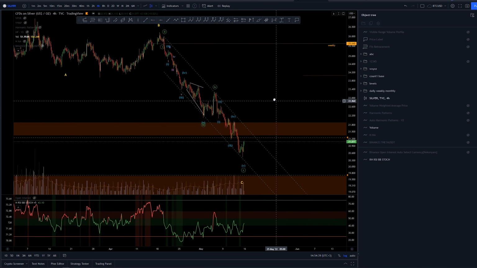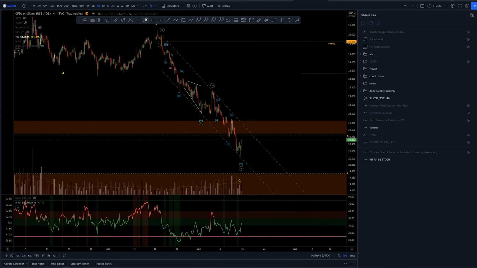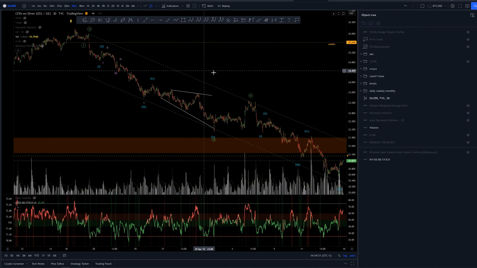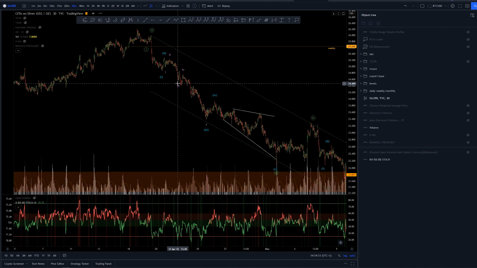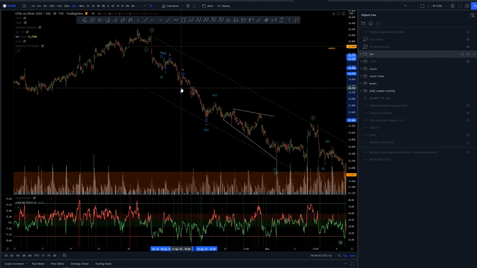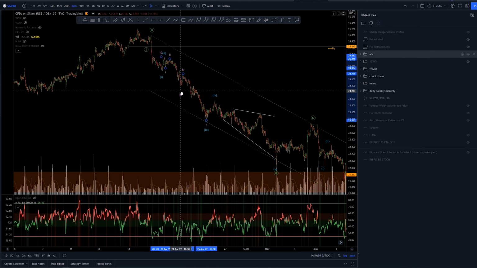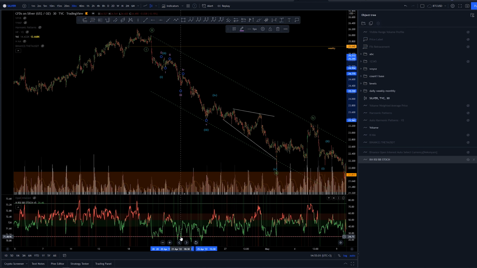Yeah, there we go. We still have the divergences that we would be looking for, except we don't have it here. But let's check out a closer time frame if we actually do, because that is a very high time frame. It should be probably here. So third here, fifth ending here.